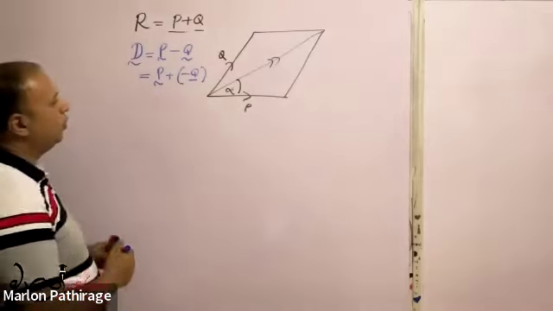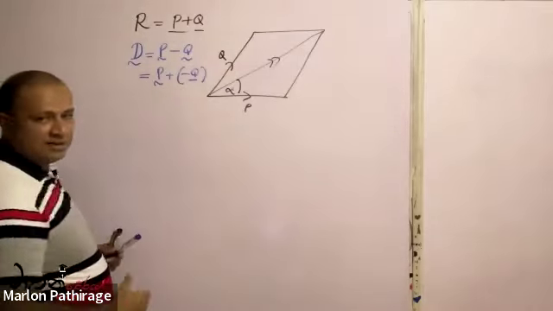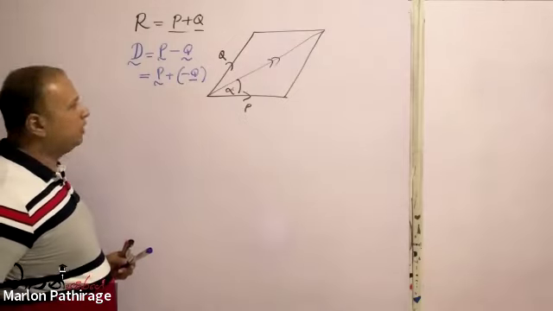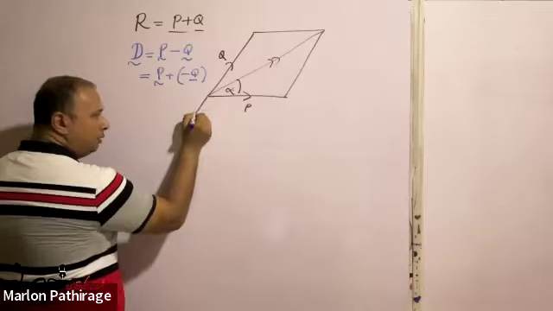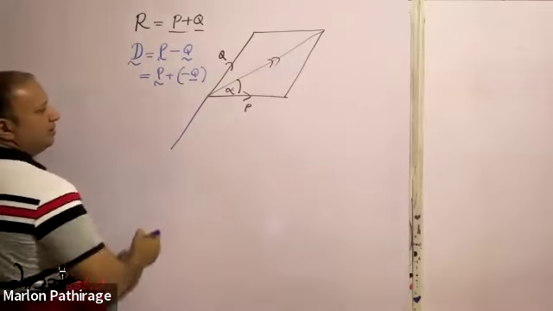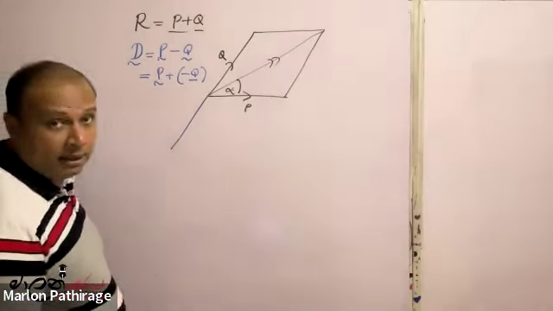Okay? So then I can construct the negative vector by extending this side.